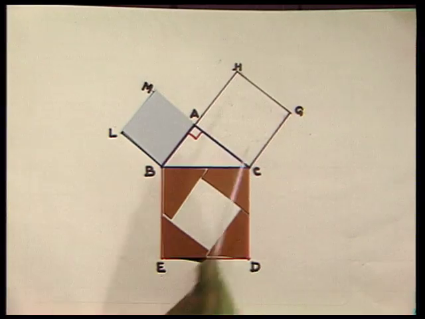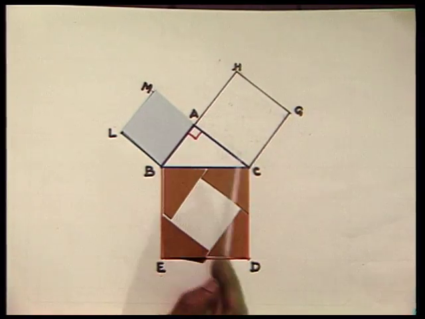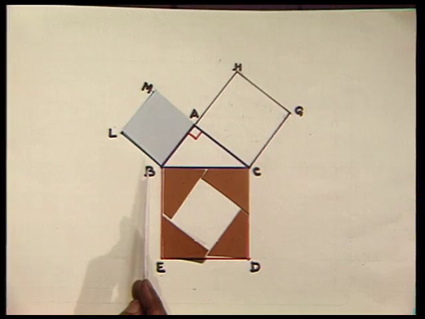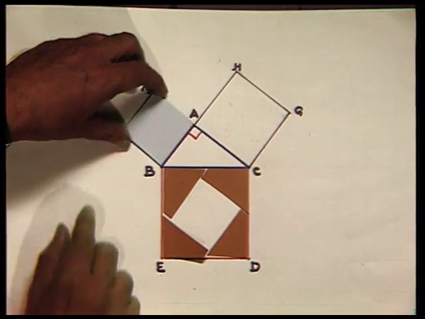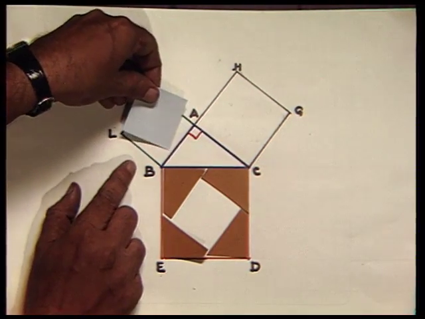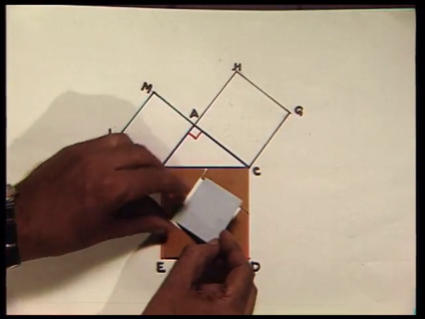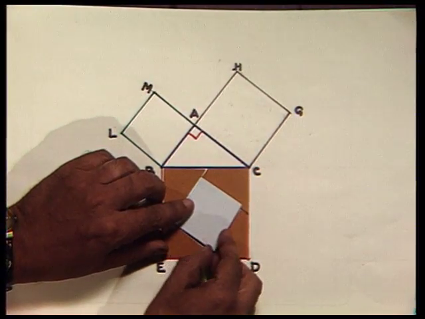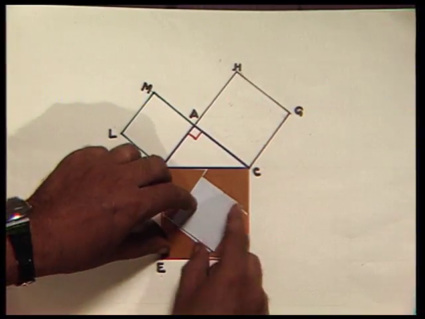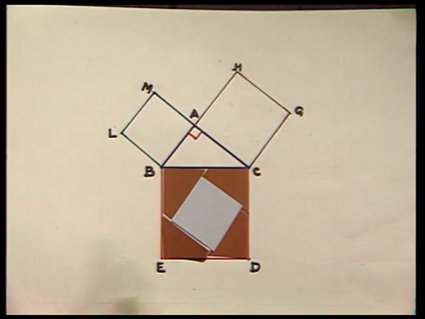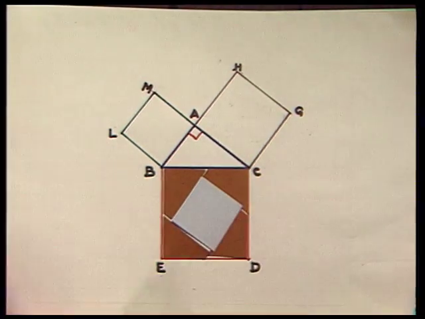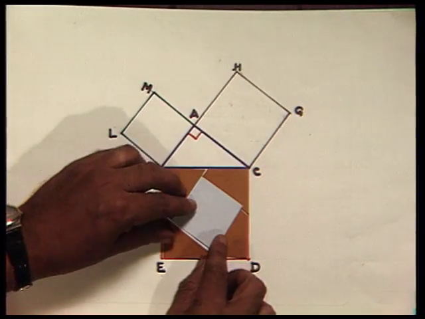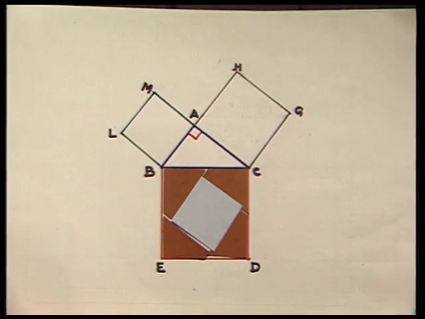So these 4 parts which have been taken from the square ACGH have been fixed in the square BCDE, and this part is still left blank. So, we take out this square, so what do we find?